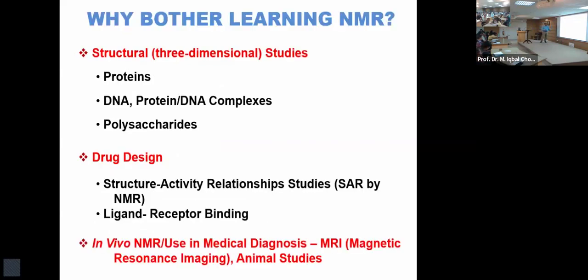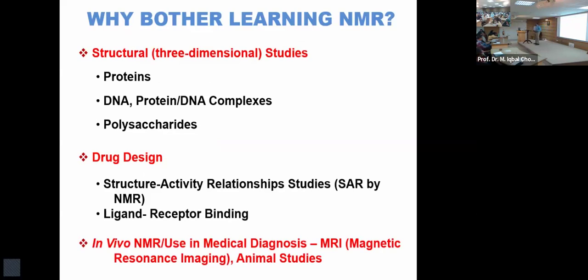And you get the three-dimensional structure of so many biomolecules. You can use it for drug designing. They've been using it, and they'll give you examples of structure-activity relationship, ligand-receptor interaction, in vivo. MRI is slow.